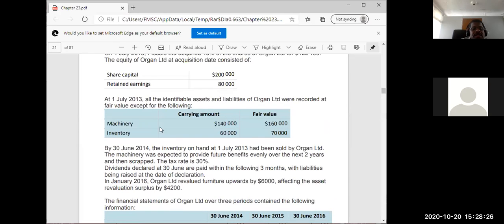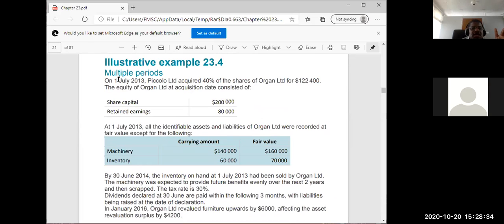Also you can see 30th June 2014, that is the year end of the first year, because our acquisition date is 1st July, the beginning of the year. Now June 2014 is the end of the year. The inventory on hand at 1st July 2013 had been sold by Organ Limited. So the inventory has been sold.